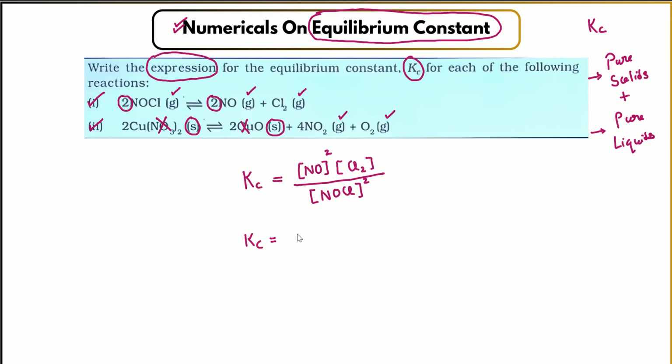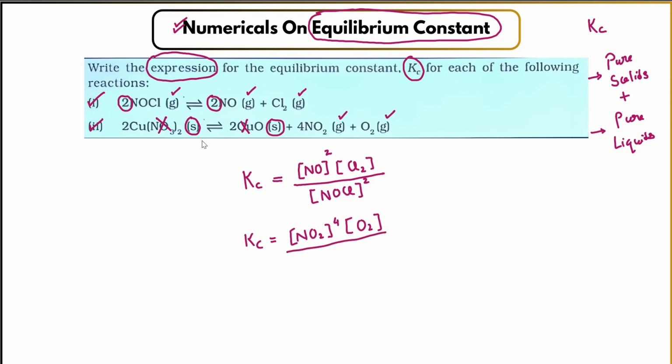So we will write [NO2] raised to the power 4, and then [O2], and since nothing is given with this O2, we will take this as raised to the power 1 or simply [O2].